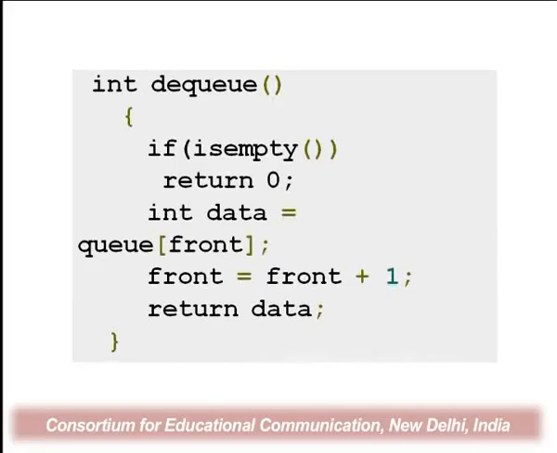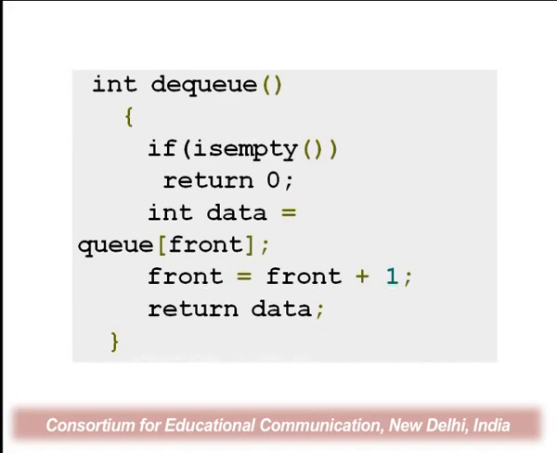The pseudocode for this DQ operation is, first of all, the empty condition is checked by using this isEmpty function. If isEmpty is returning true, then we need to return 0, signaling that your Q is already empty and you cannot DQ any more elements from it.